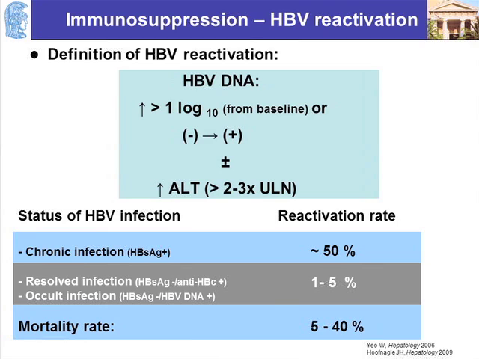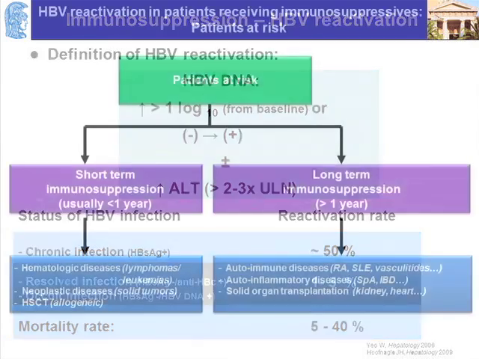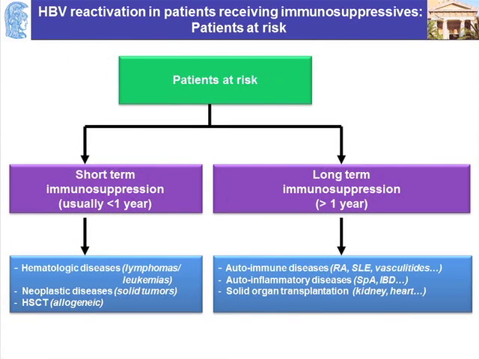But I think what is more important, and this has been shown mainly in the oncology and hematology literature, is that if you get reactivation, you can have a really bad outcome. The mortality rates can go up as high as 40%. Now, who's at risk? I'm not going to discuss here patients who get short-term immunosuppression, let's say for a few months. This doesn't happen often in our patient population.